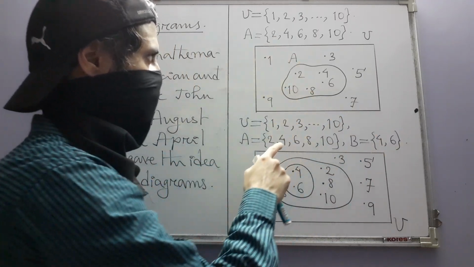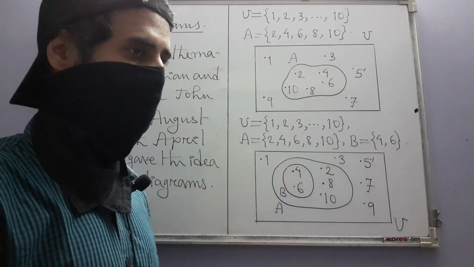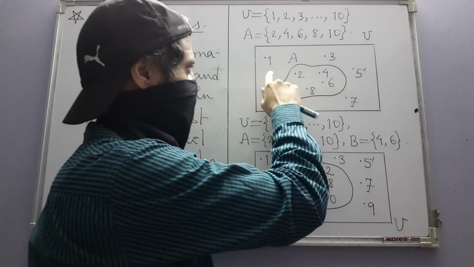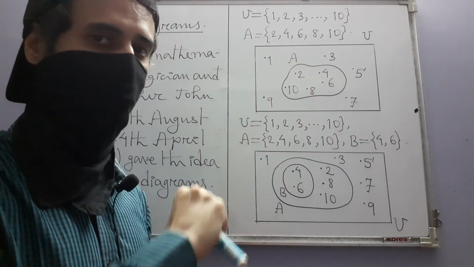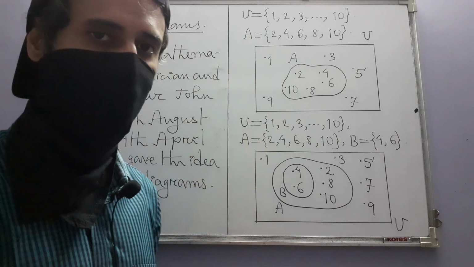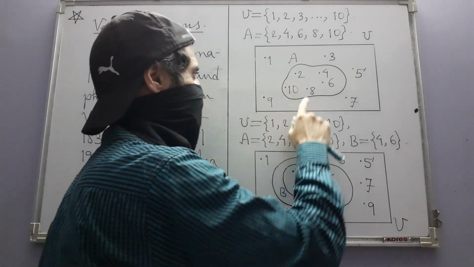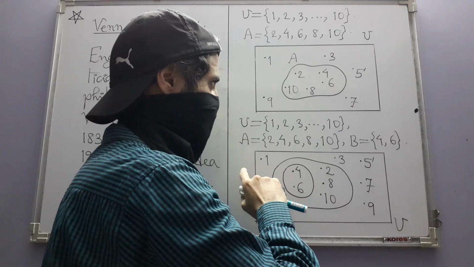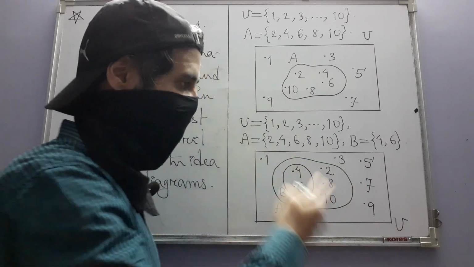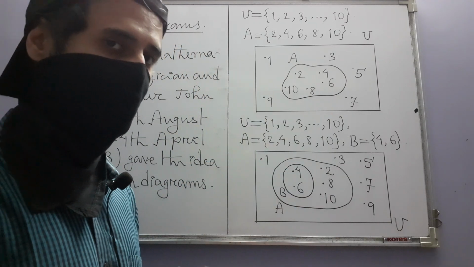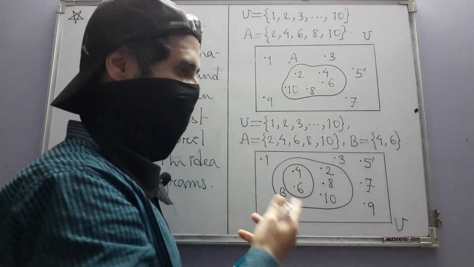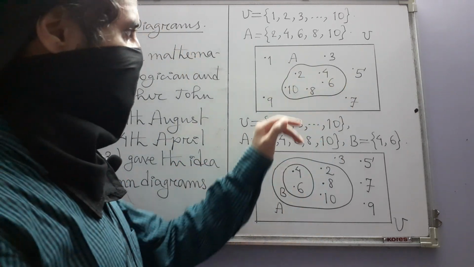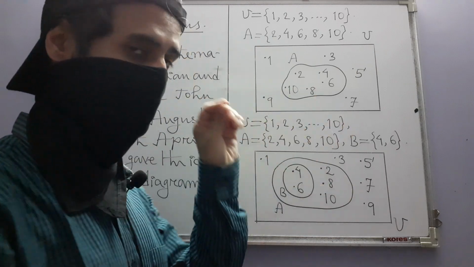And inside U, you have the subset A, which we can represent by a closed region like this, a region bounded within a closed curve. Now here's the thing, that closed curve usually is drawn as a circle or an ellipse, but of course that is not necessary. You can draw an irregular curve like this also. The only condition is that it should be closed.